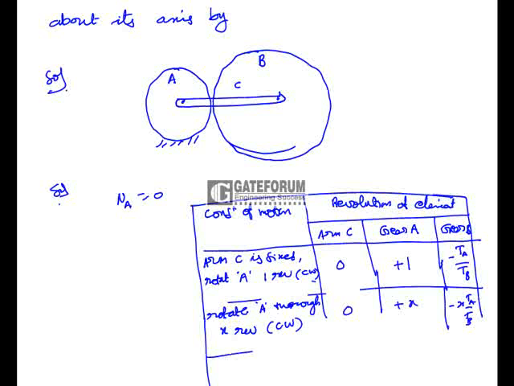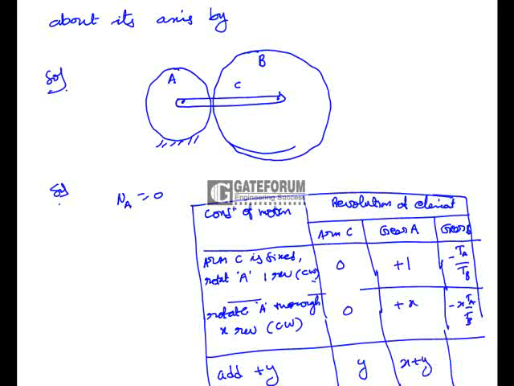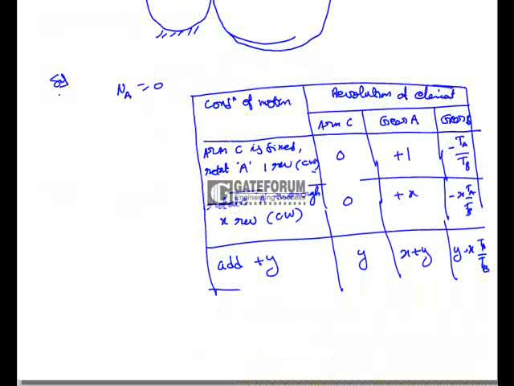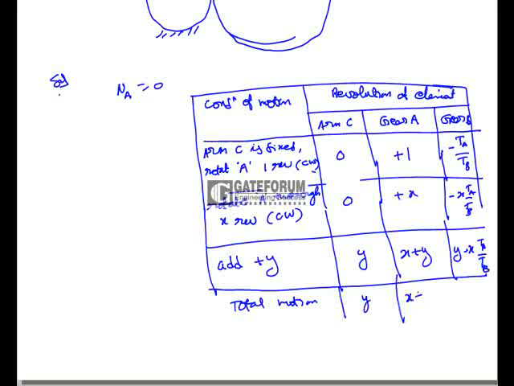Now add plus Y revolutions to all the members, that is arm C, gear A and gear B, so that it is plus Y and it is X plus Y and it is Y minus X into TA by TB. So this is the table, and here the total motions are Y, X plus Y and Y minus X into TA by TB.